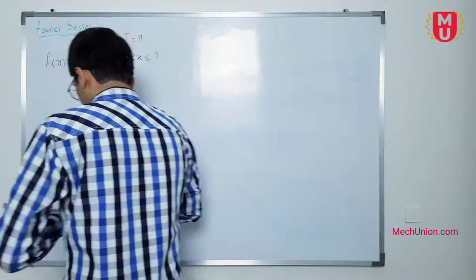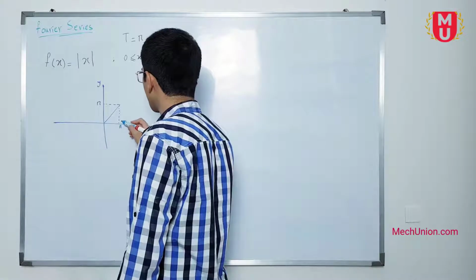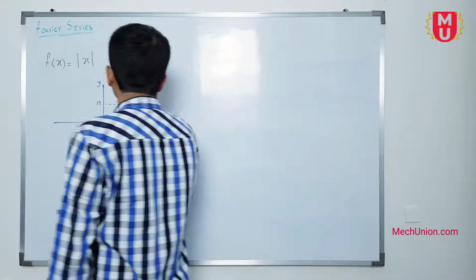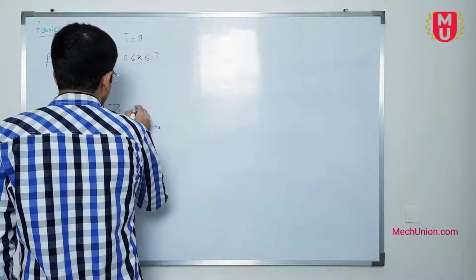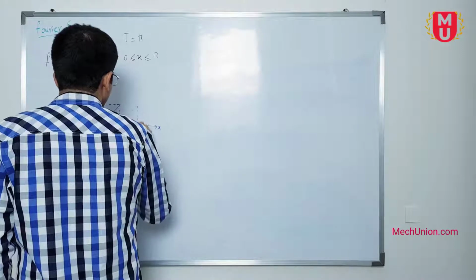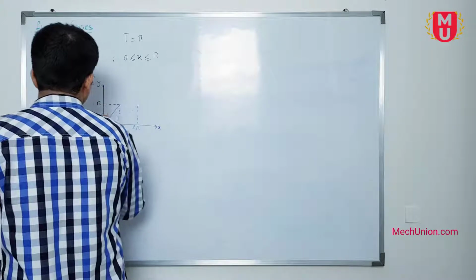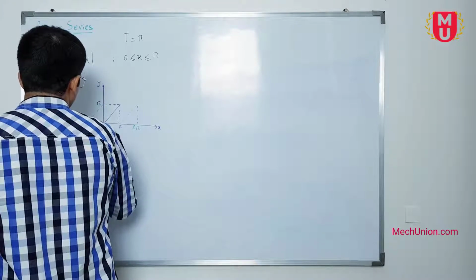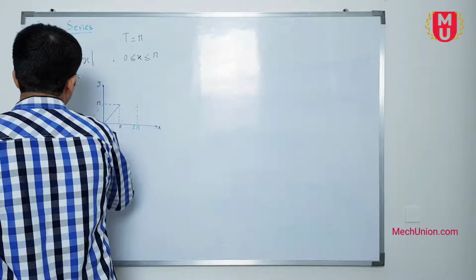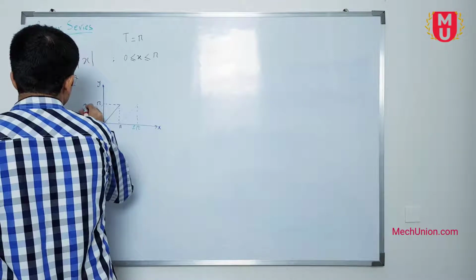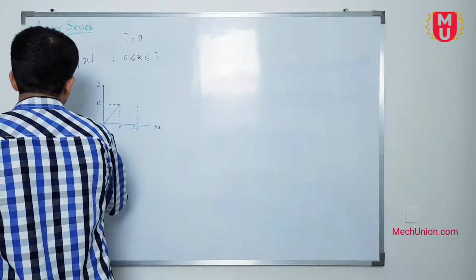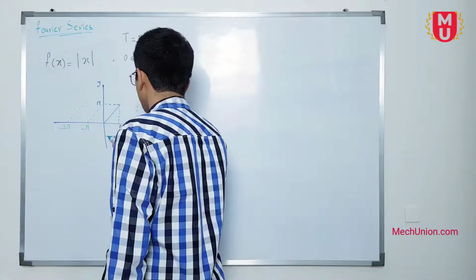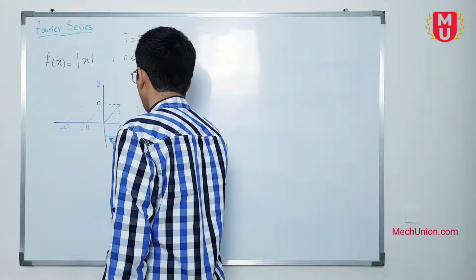This is pi. It is also artificially periodic. That looks like this. It's 2 pi and again minus pi. Our period is pi.